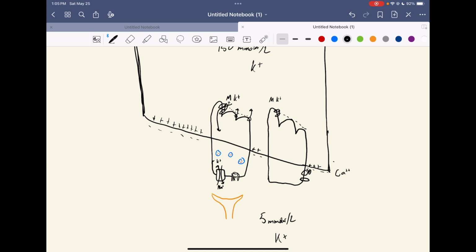What wants to happen is these positives want to meet these negatives to cancel. And as the potassium rushes into this cell, we have the sodium potassium pump already working here. And at that same time there's another leak channel for potassium here.